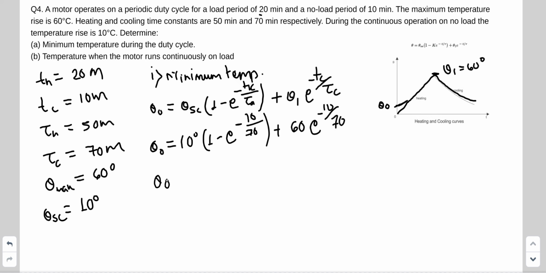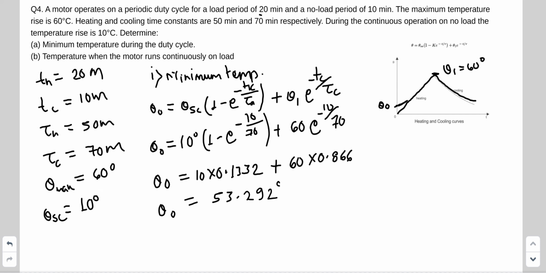So if you solve it, this value will be 0.1332 plus 60 into 0.866. So theta 0 on calculating will be 53.292 degrees Celsius. So we have calculated the minimum temperature.